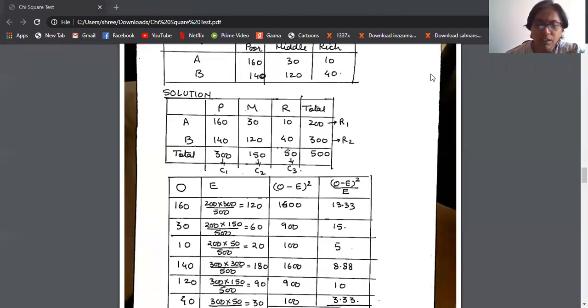Then you'll add the last column and find chi-square. Once you finish it, add everything and put chi-square. Find the value of chi-square.